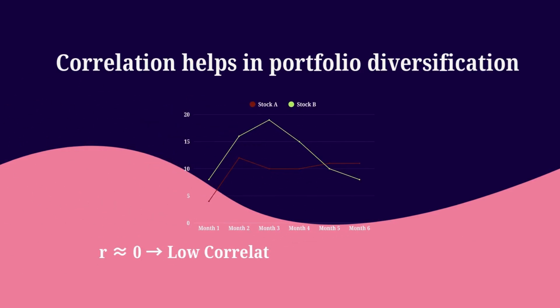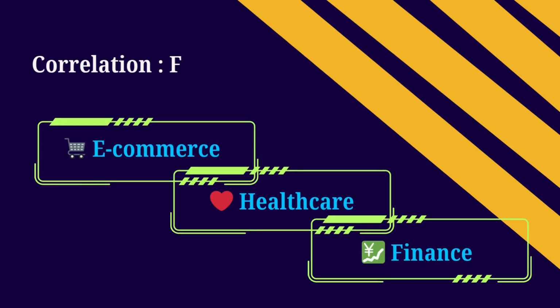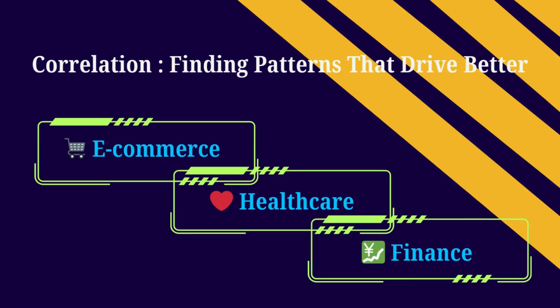If r is near 0 or negative, they move independently, helping risk management. These examples show how correlation is used across industries to discover relationships, identify opportunities, and guide smarter data driven decisions. But always remember, correlation is just a starting point. It shows patterns. What you do next matters.